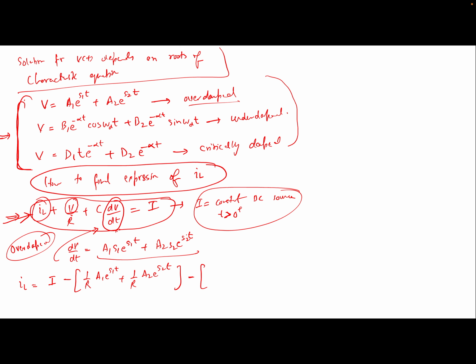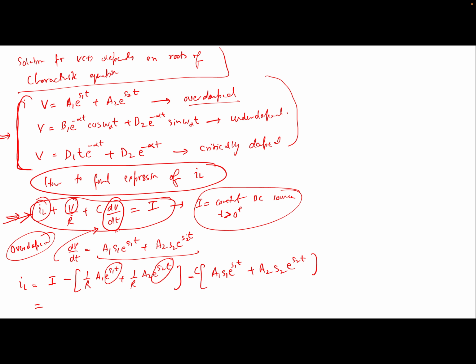I'm going to take C constant out, leaving a1 s1 e raised to power s1t plus a2 s2 e raised to power s2t. If you solve this expression, essentially I'm interested in taking e raised to power s1t as a separate variable and e raised to power s2t as a separate variable.